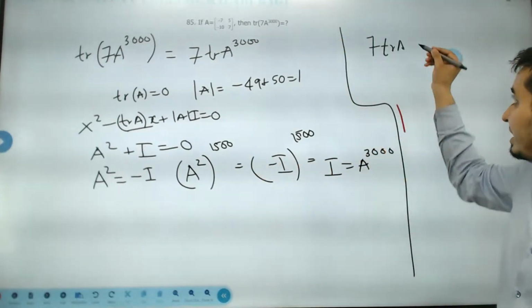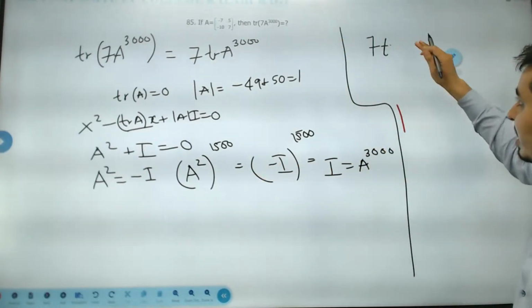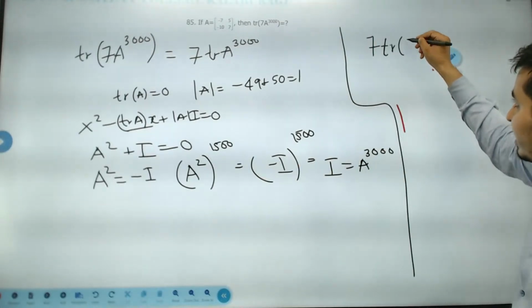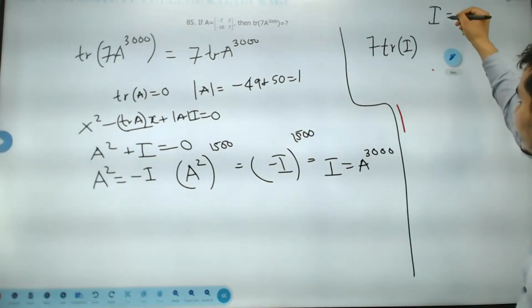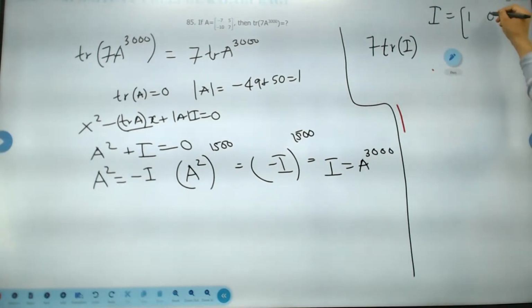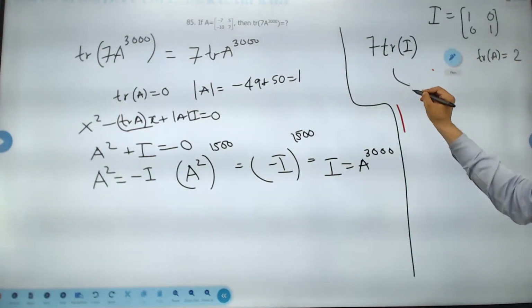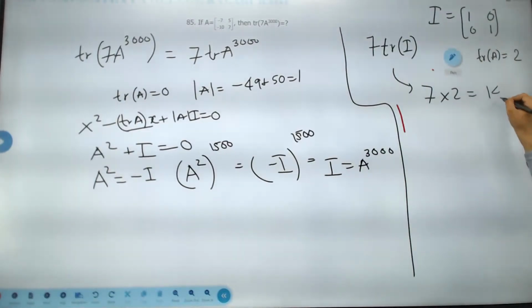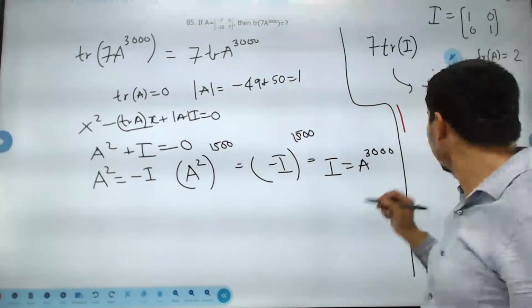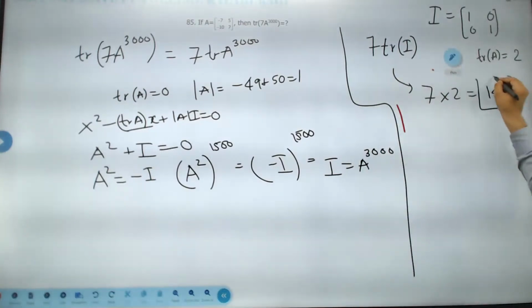A raised to 3000 is I. So it's 7 times trace of I. Now what is trace of I? I is [[1, 0], [0, 1]]. So trace of I is the sum of diagonal elements, which is 2. So it's 7 times 2, which is 14. So the answer is 14, right? This is the answer.